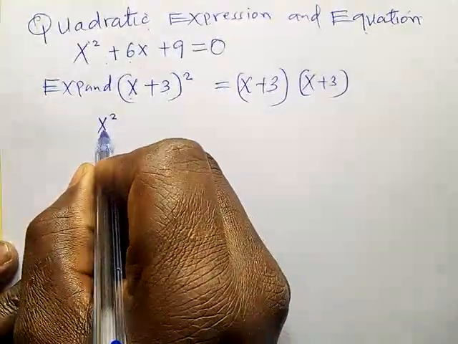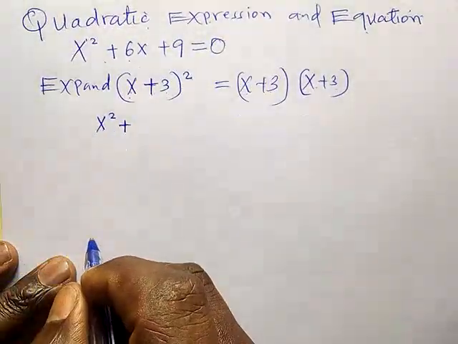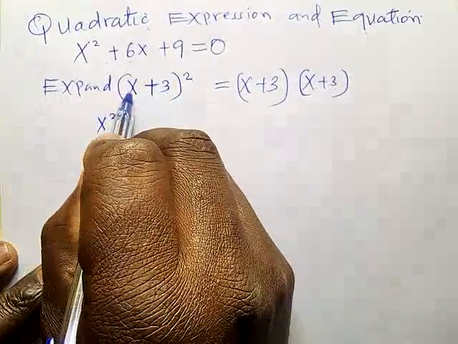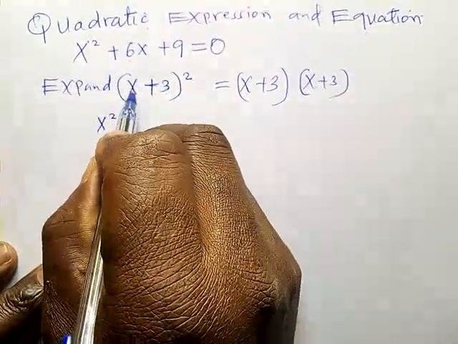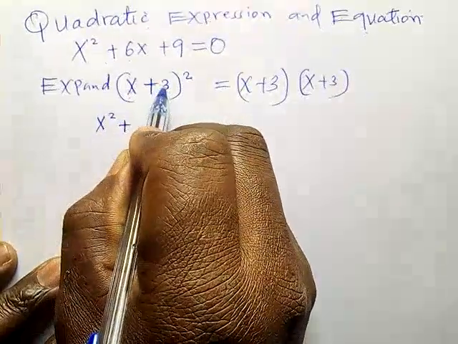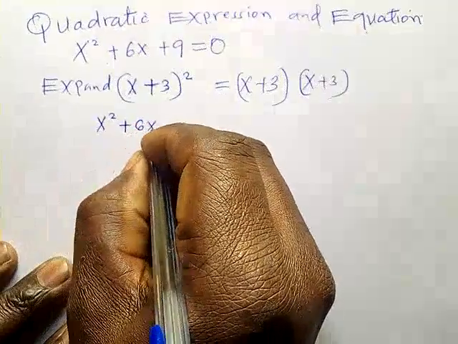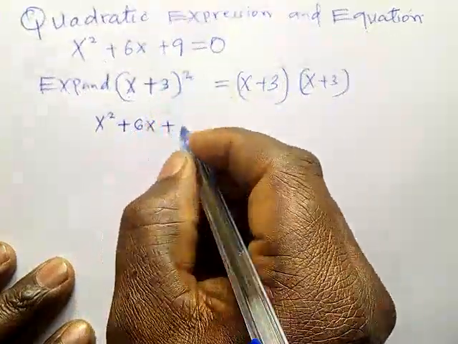If it is addition like this, just add. And then do this: 3 times the first term, the second term. 3 times x, the answer is 3x. 3x times 2, the answer is 6x. Write 6x. It is addition. Plus 3 square, 9.